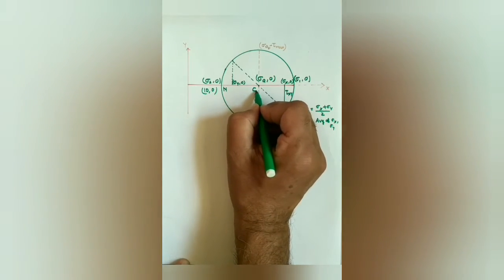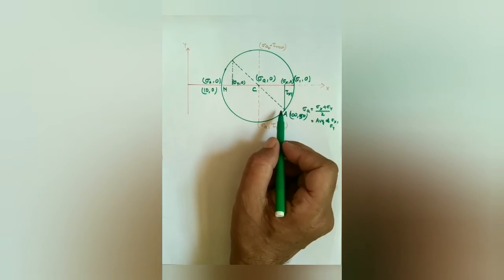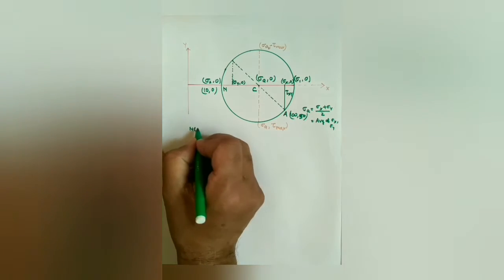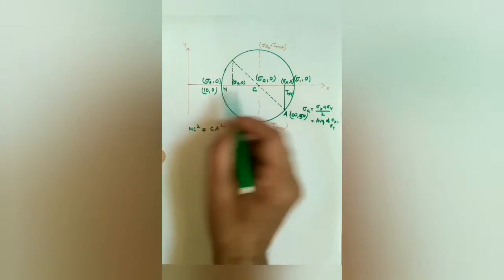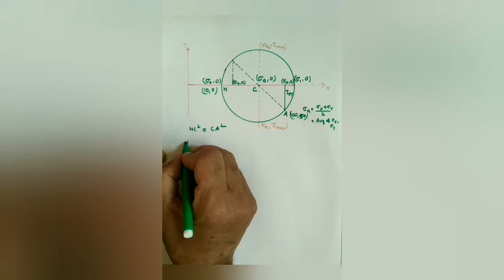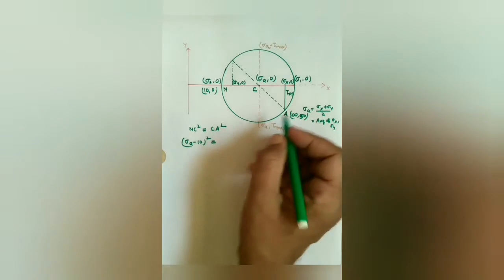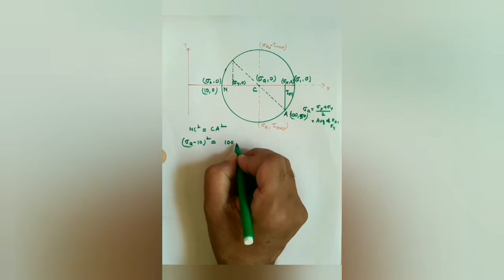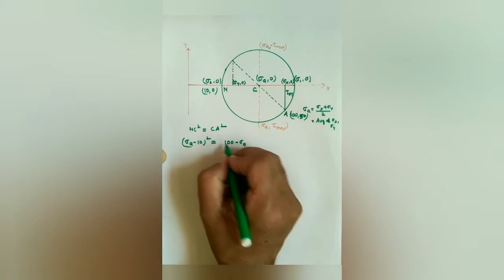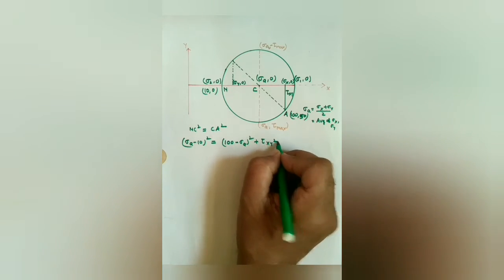Let center be C. So NC and CA both are radius. So we can write NC square is equal to CA square. NC will be sigma A minus 10 whole square, and CA will be equal to 100 minus sigma A whole square plus tau xy whole square.